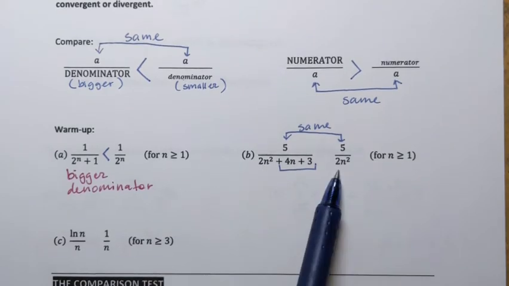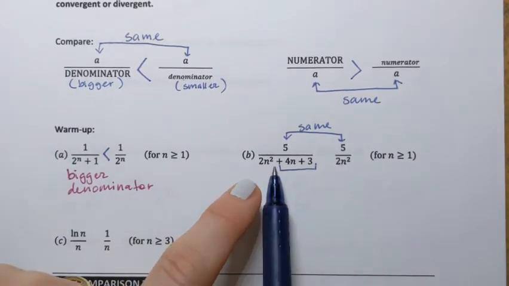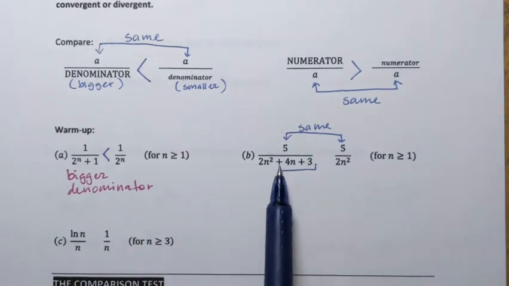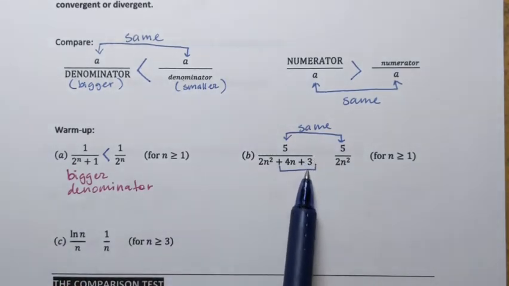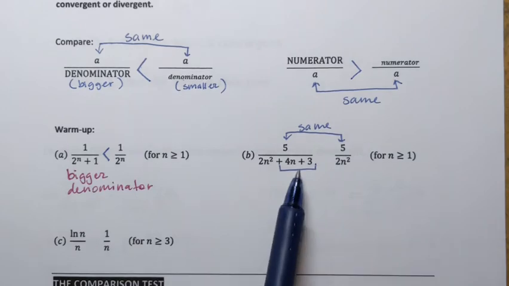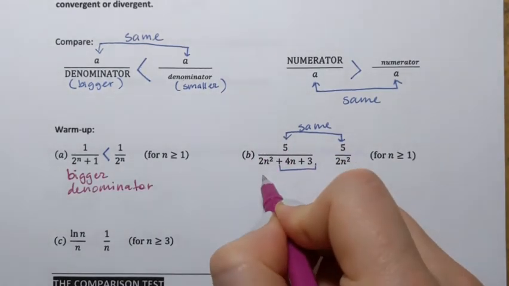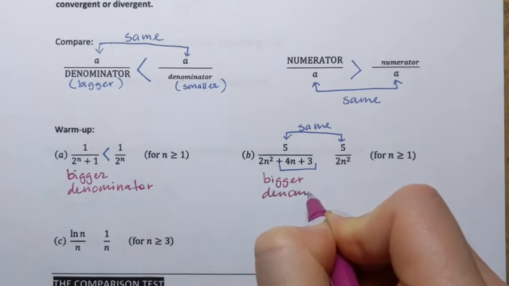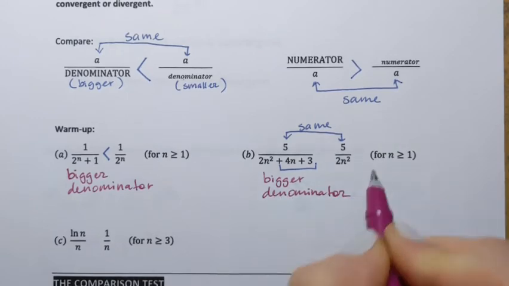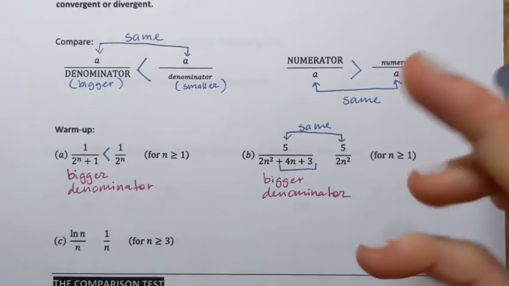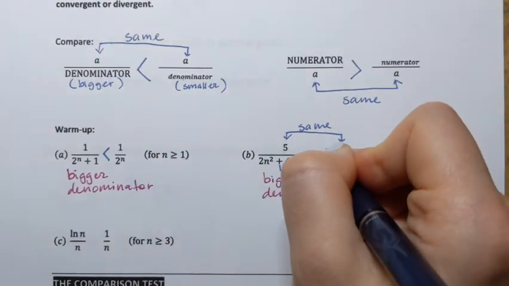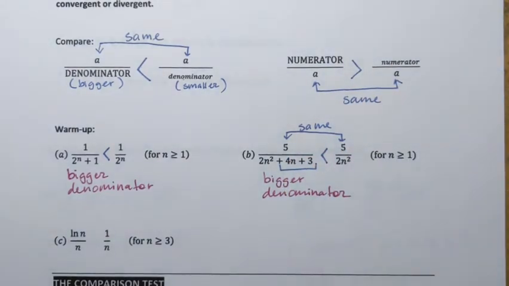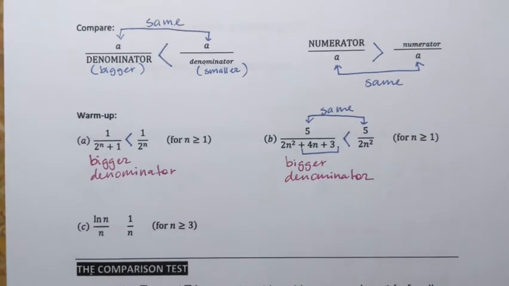So it makes it a bigger denominator. And since it's the bigger denominator, the overall quantity will be smaller, so I have to use the less sign.